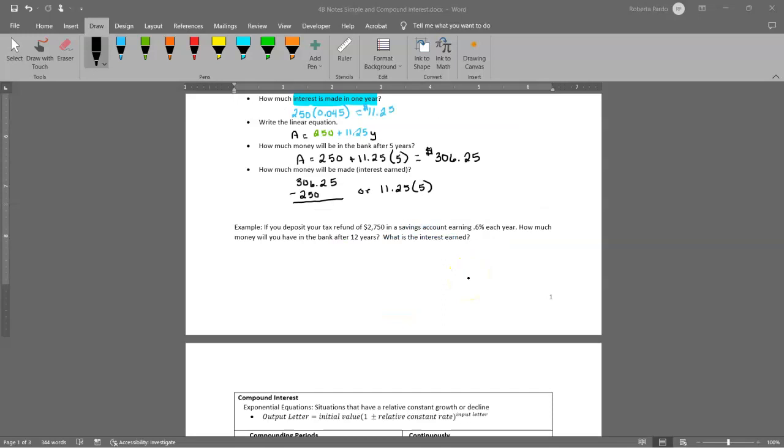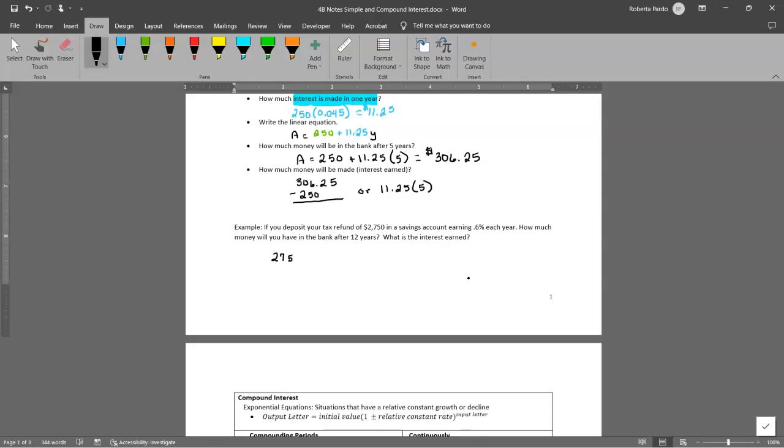So let's suppose we get a tax refund of $2,750 and we put it in a savings account. Remember, this is a lump sum amount. Savings accounts really don't earn much money at all. It's simple interest, so we're going to have 0.6% each year. How much money will you have in the bank after 12 years? We need to find out first how much interest we're going to make every year.